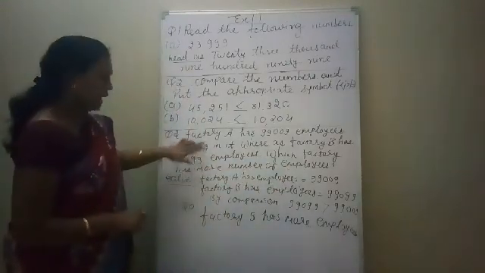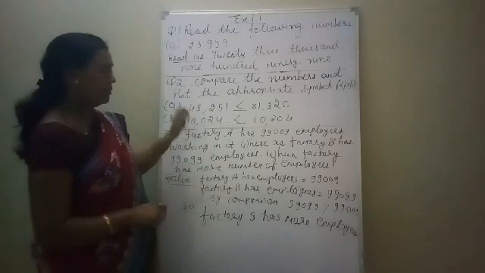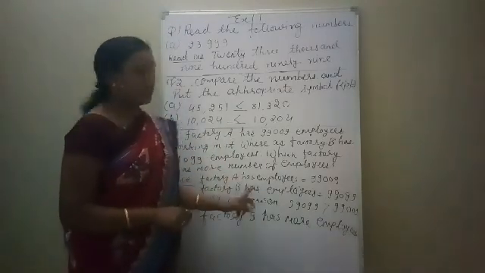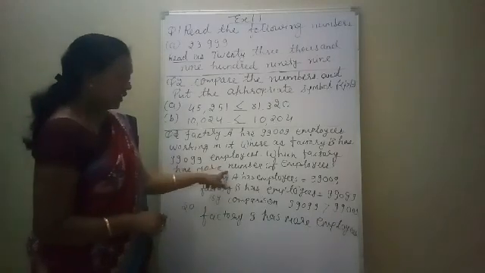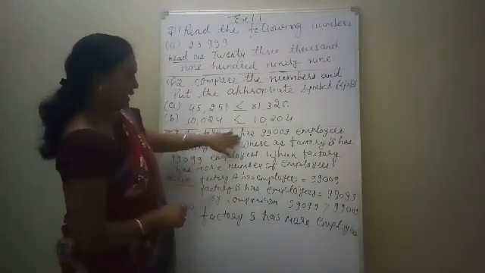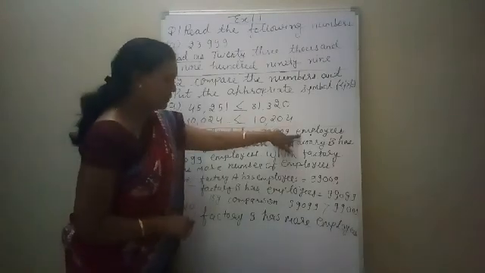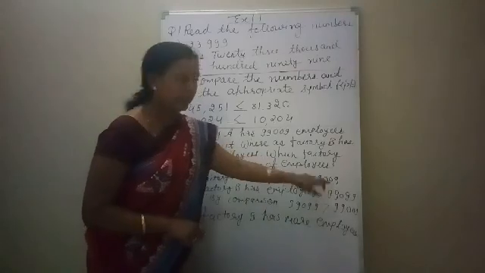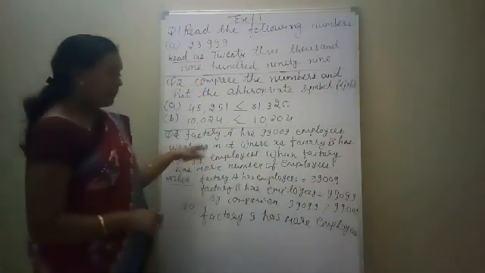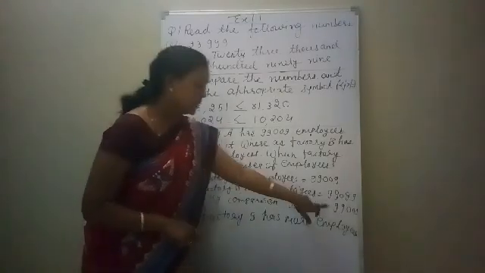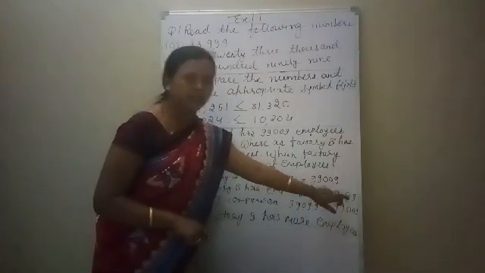Now when we are going to solve any word problem, it is compulsory that we write down the steps. Steps means here we have to write down what is given in the question. So factory A has a number of employees. How many are there? 99,009. And factory B has a number of employees, that is 99,099.